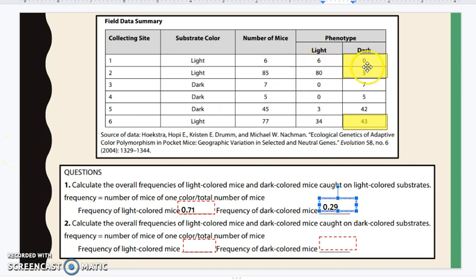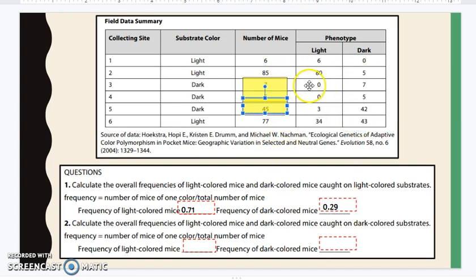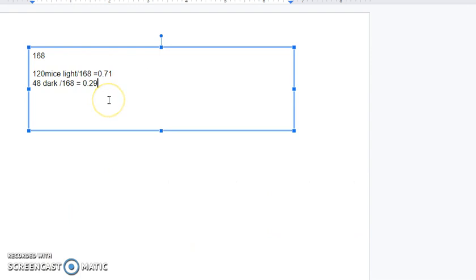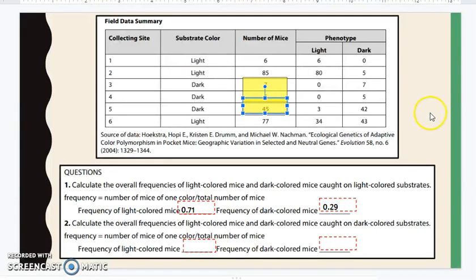So we do the same exact thing. So the total number of mice caught on dark, here we have 12 plus 45. So our total population of mice on dark is 57. And when we look at the total caught, it looks like in this one, all 12 were dark and 42 were dark.